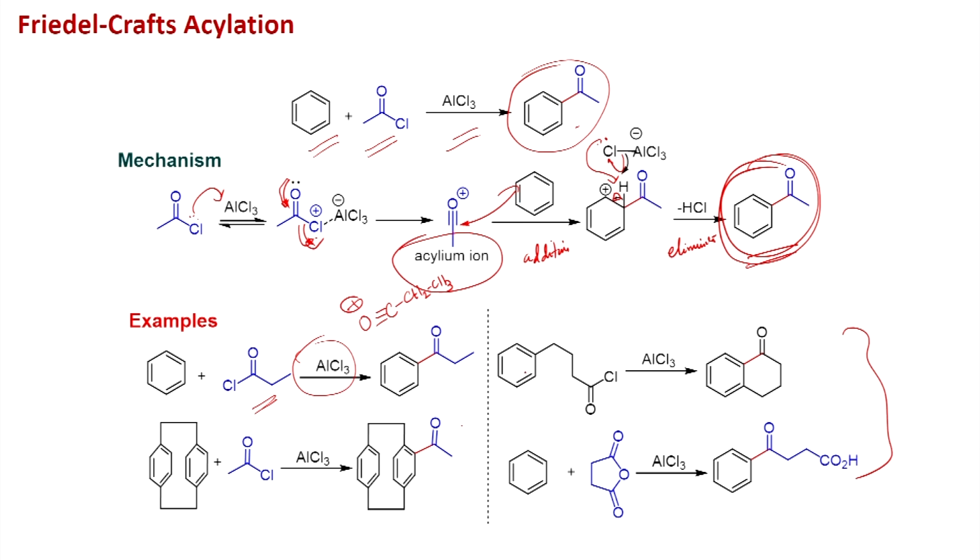Once you form this one, which can readily undergo reaction with your aromatic ring, then you will be able to form this ketone as the product. Similarly, you can also carry out acylation in this substrate, and in the presence of aluminum chloride, you can make this ketone. You can see here, these all are intermolecular reactions.